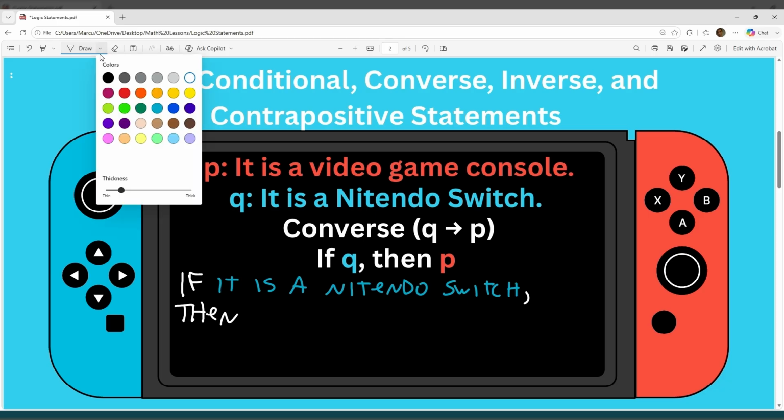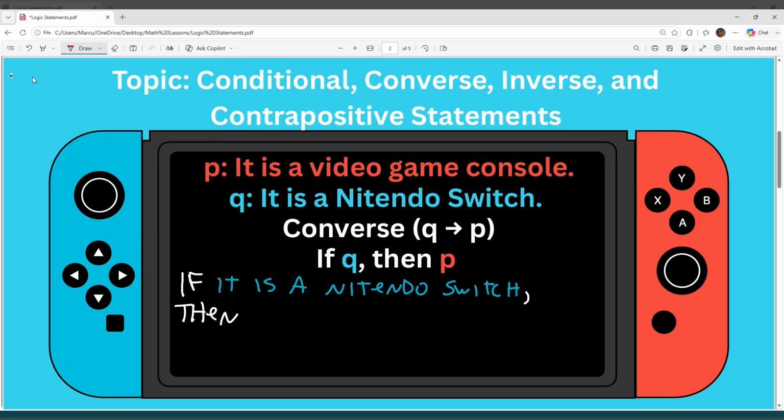Switch again. We're going to go red. Then we're going to replace the letter P in red with the statement in red. So then it is a video game console.